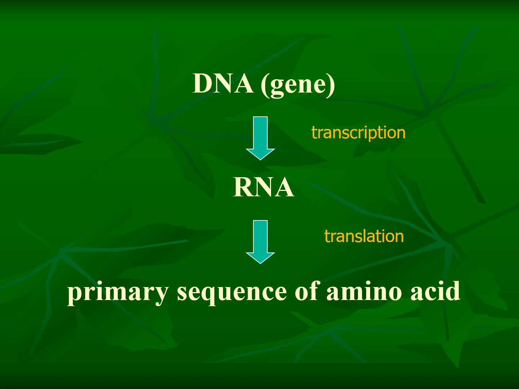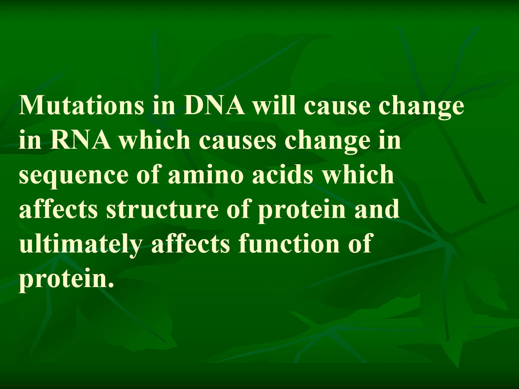And then translation is the process where you use that RNA as a template to make your protein. So if there's any type of mutation in the DNA, you can see where that's going to cause a change in the RNA, which is going to cause a change in the sequence of amino acids. If you change the sequence of amino acids, that's going to affect the protein structure and ultimately possibly affect the function of the protein itself.